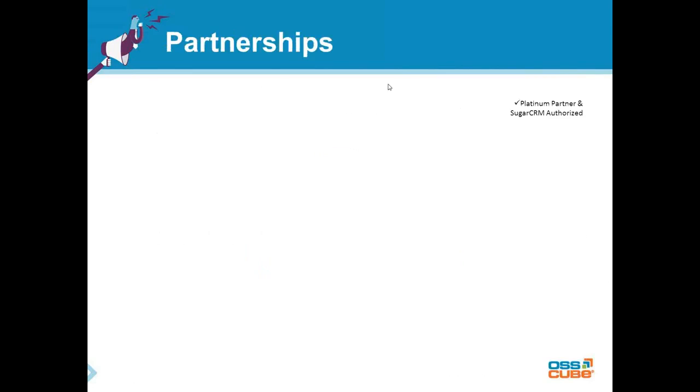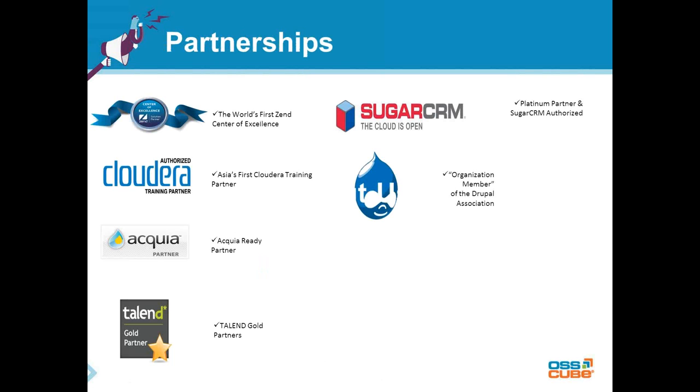To consistently deliver efficiency, excellence, and innovation for our customers, OSS Cube works closely in partnership with the leading open source technology providers. As you can see on the screen, we are the world's first Zend Center of Excellence when it comes to Hadoop and Big Data, a technology which is really taking over the world. We are Asia's first cloud training partner, and we have been doing cloud training for the last 4 years.